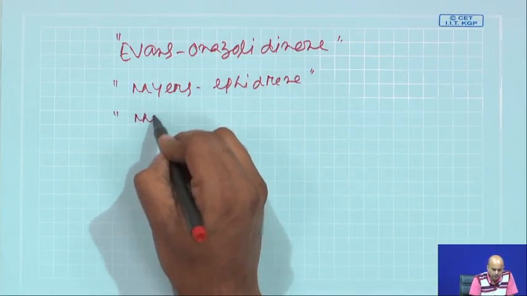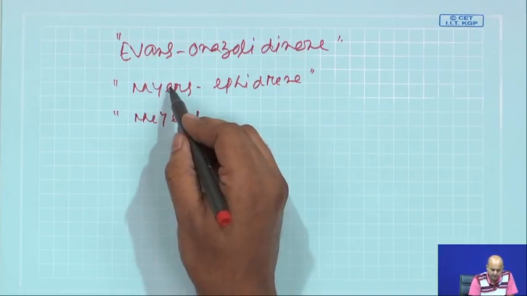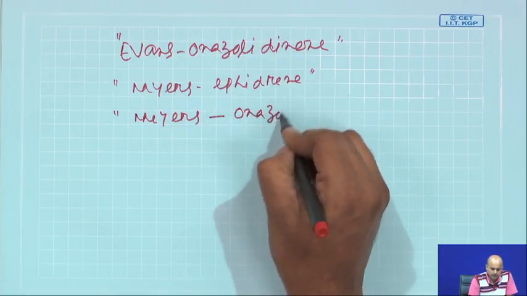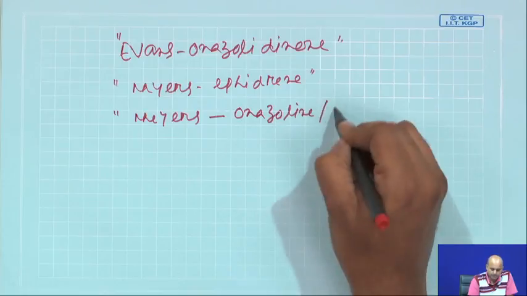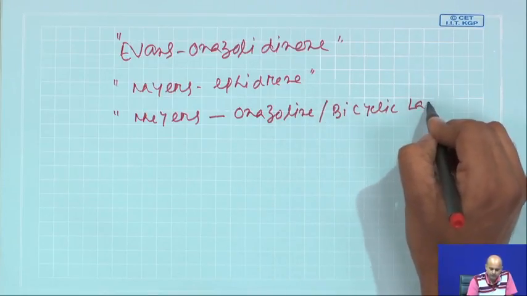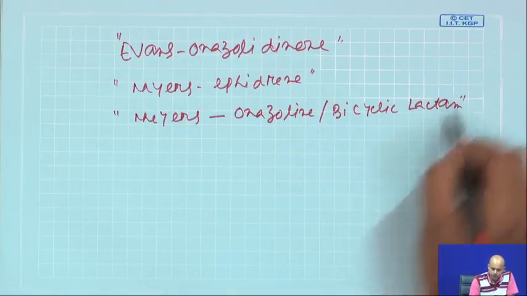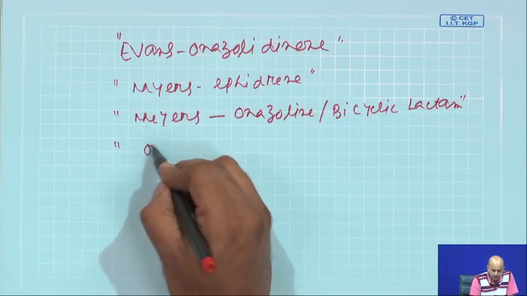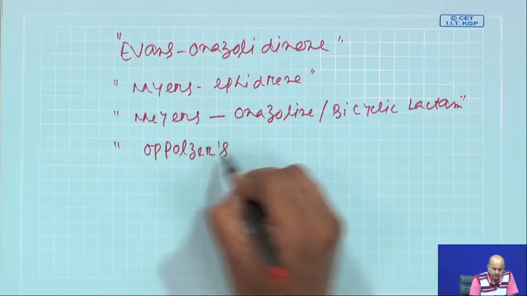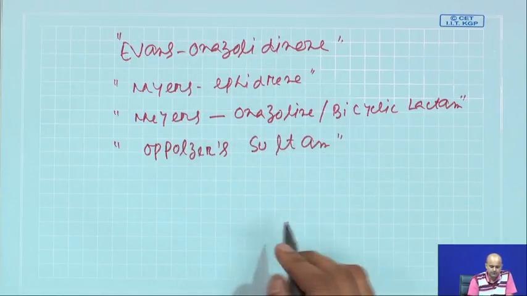Then Myers oxazoline, these are not the same Myers, as well as bicyclic lactam. Now, we are not talking about these auxiliaries due to time constraint, and this is beyond our scope. We also have Oppolzer's sultam. So, there are many auxiliaries which are reported in the literature.